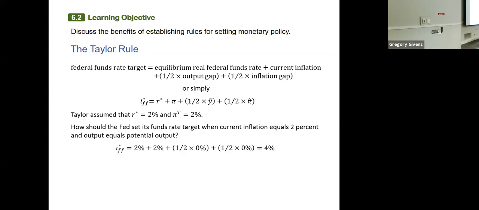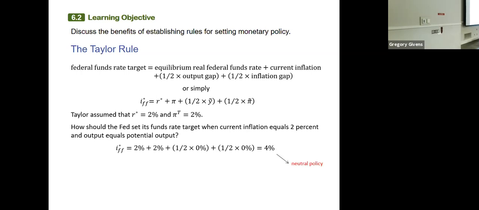The funds rate target is R star 2% plus current inflation of 2% plus 1/2 times the output gap. Well, I'm saying here that output equals potential, so there's no output gap. And inflation is also equal to target, so there's no inflation gap. So if inflation is equal to target and output is equal to potential, the Taylor rule says that the funds rate target should be exactly 4%.